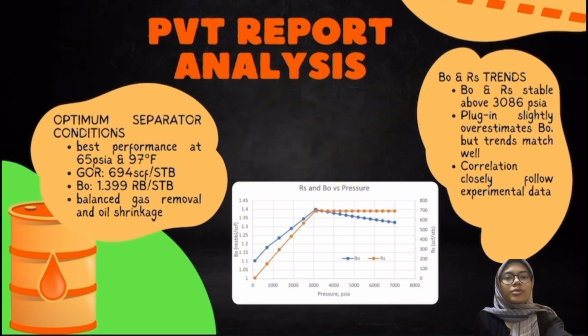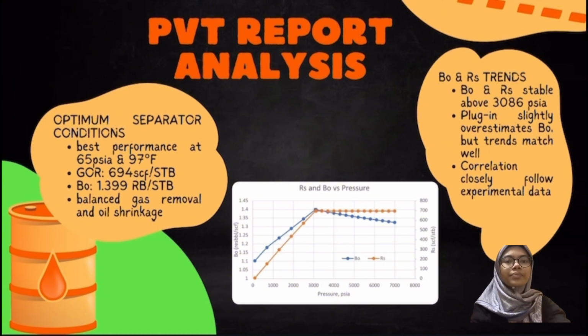Once pressure drops below the bubble point, RS decreases rapidly, showing gas liberation from the oil. At pressures above the bubble point, RS remains constant and equal to its value at the bubble point, obtained from the separator test. No gas is released at this stage. So, for pressures above the bubble point, RS is equal to the RS obtained at the separator test.